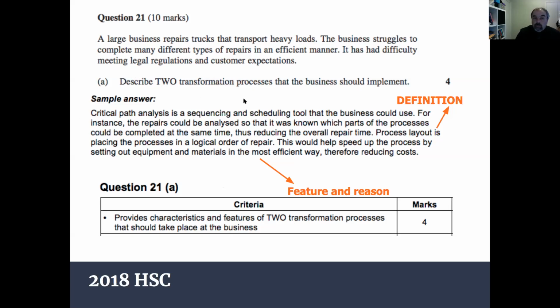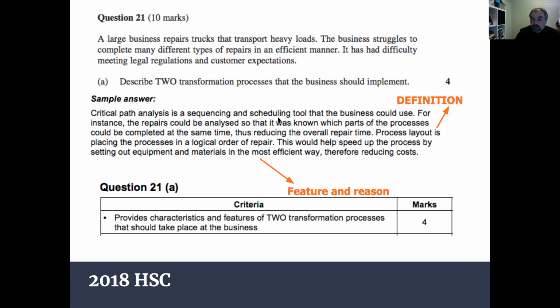So transformation process, operations syllabus, this person has identified this aspect of it. For instance, the repairs could be analysed so that it was known which parts of the processes could be completed at the same time. So there's an advantage, if you like, or a feature, thus reducing the overall repair time. So there's our 1 transformation process.